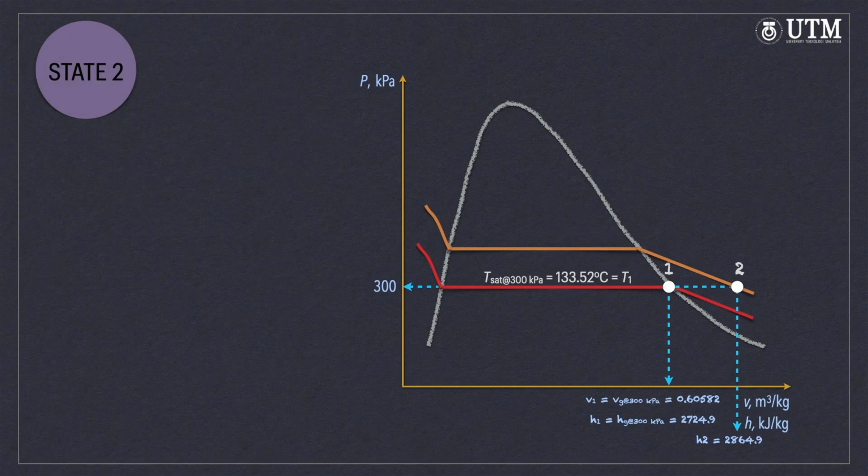Now, the final state is entirely specified since we know both the pressure and the enthalpy. The constant pressure process curve is sketched on the PV diagram as demonstrated.